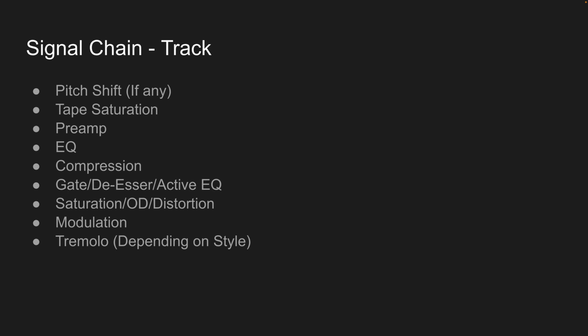That was kind of the sound of it. So it just depends on the style. You can move that tremolo around. And then after tremolo, you'd have delay, any kind of delay or echo, and then your reverb.